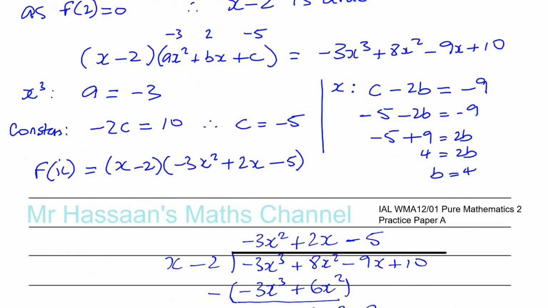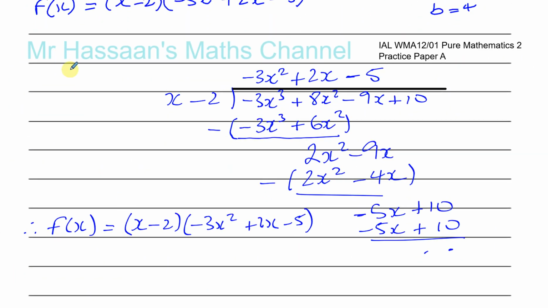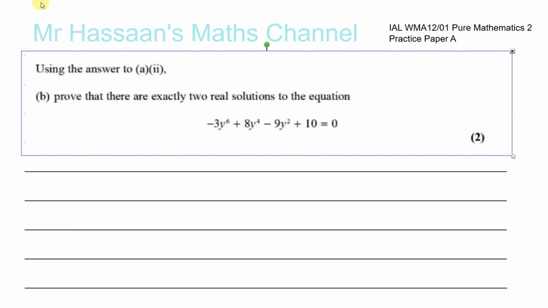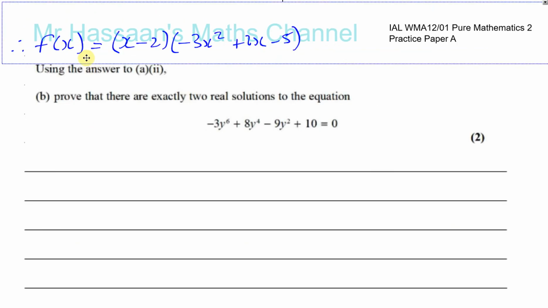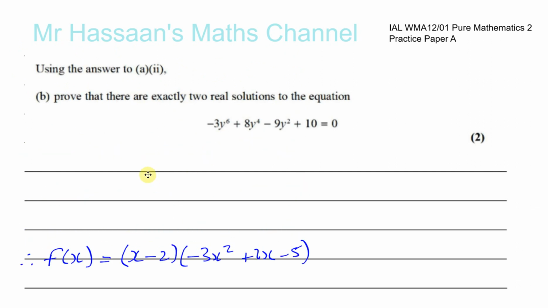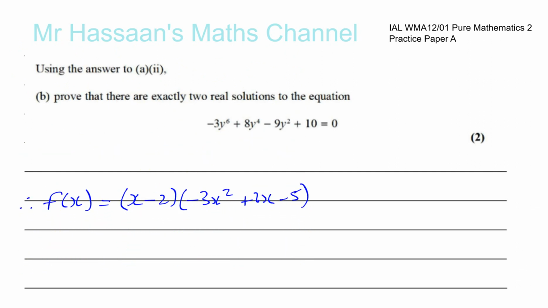I have it written down. Where is it neater? I think it's neater here. So take this answer, copy, and paste it over here. Okay, now, using the answer to A part 2, prove that there are exactly 2 real solutions to this.